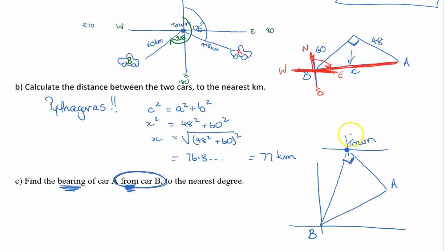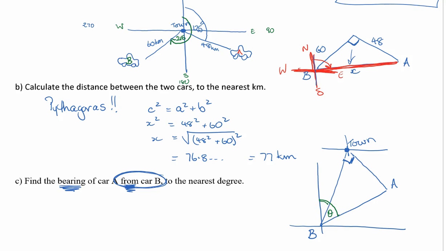So back to the original, town was here, car A went off there, car B came down here. At the moment, the question is asking us to find all of that. That's two angles. That's this angle on the outside and then theta on the inside of our right-angled triangle.